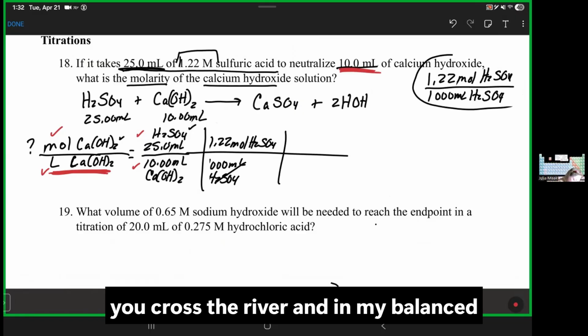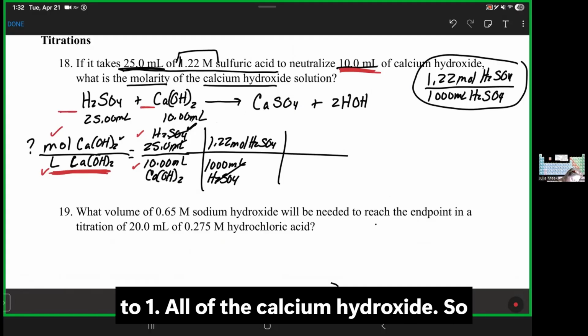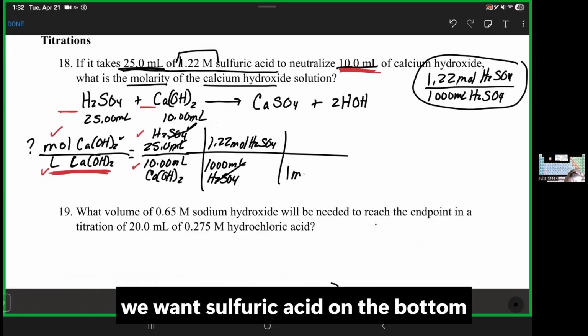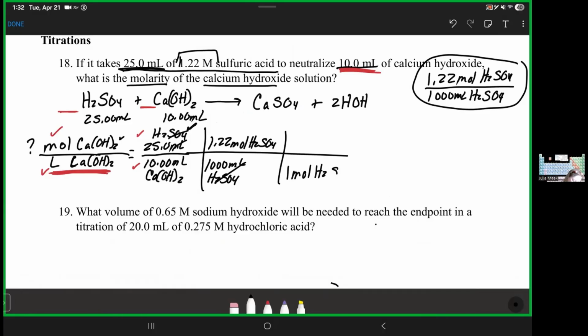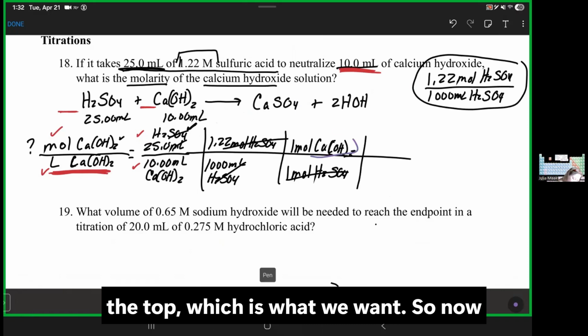And in my balanced equation, I have 1 mole of sulfuric acid to 1 mole of the calcium hydroxide. So we want sulfuric acid on the bottom to cancel.